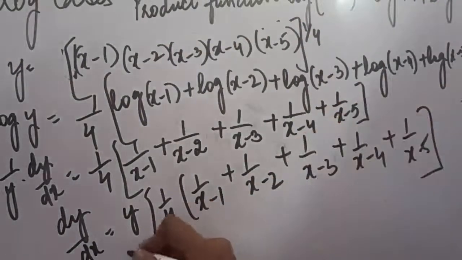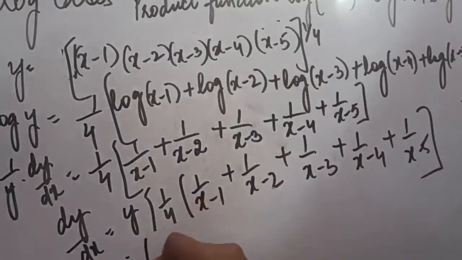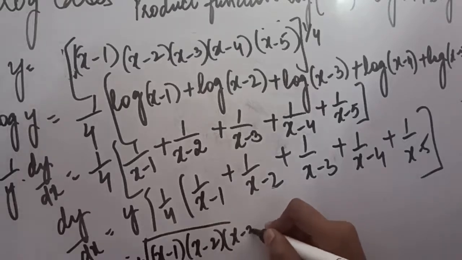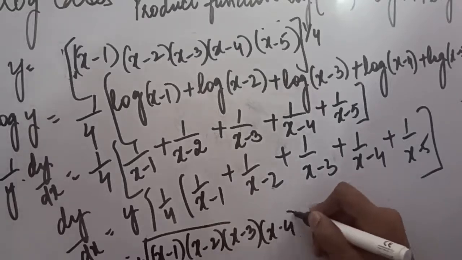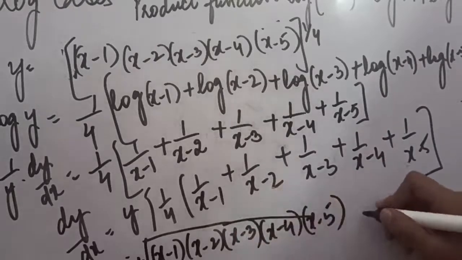So our original question was the 4th root of (x minus 1)(x minus 2)(x minus 3)(x minus 4)(x minus 5). This was the original question.